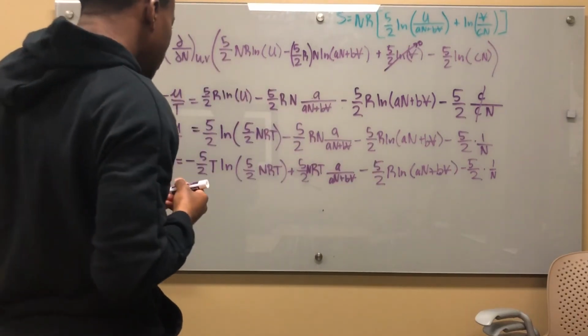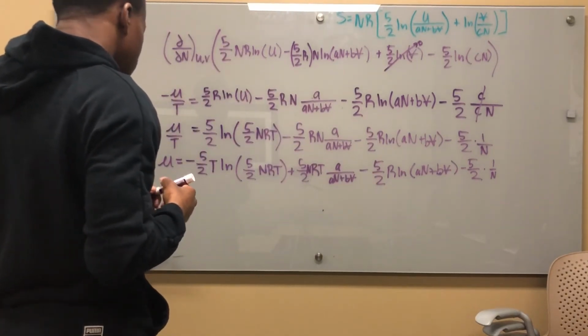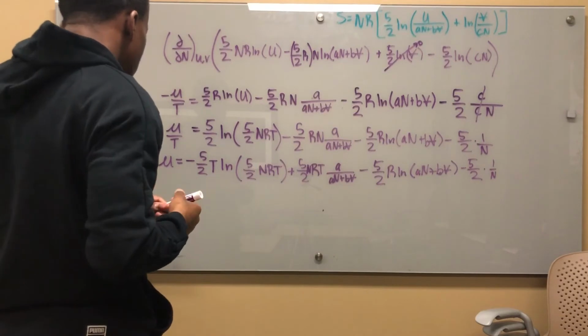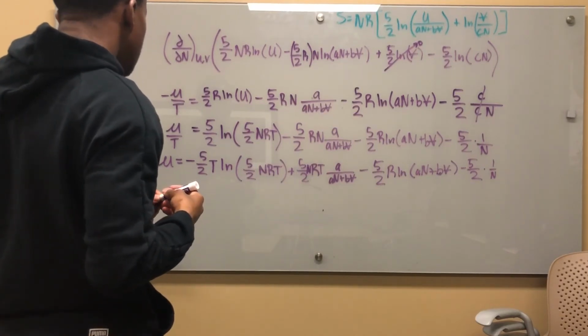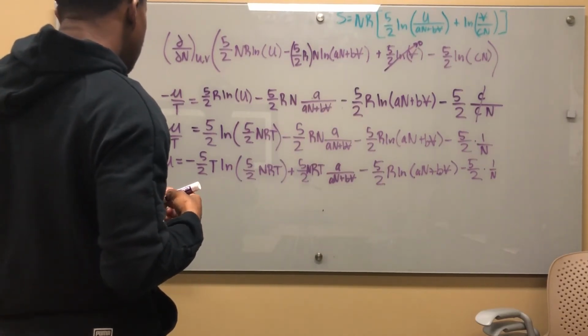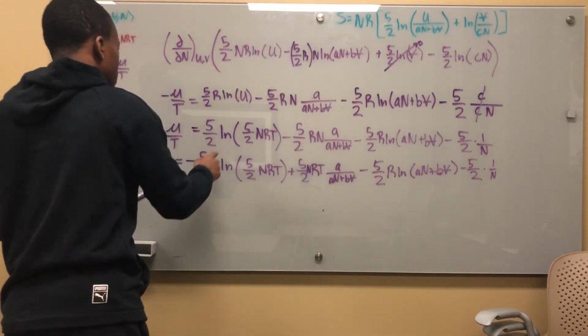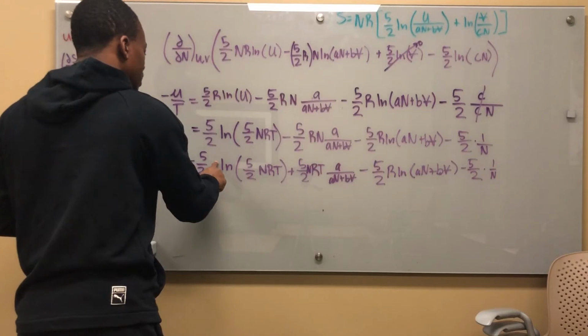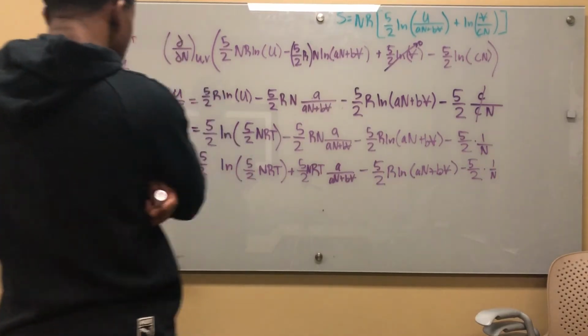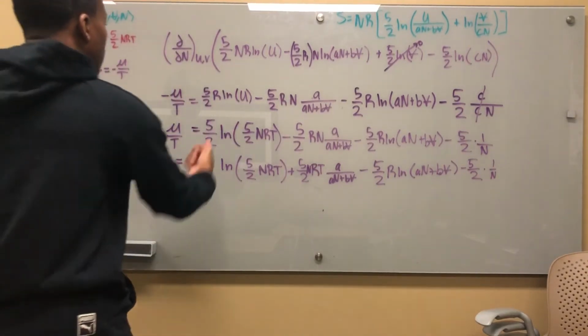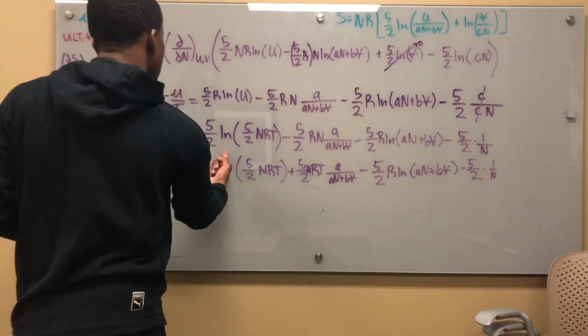Now if I want to clean this up a little bit, do I really need to? I'm just trying to see if I have any mistakes anywhere. Something is wrong somewhere. I can see that I think I left out an R here.